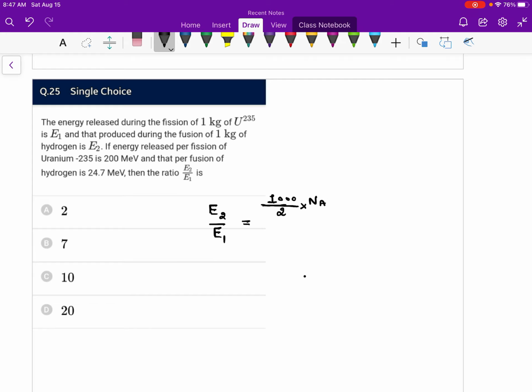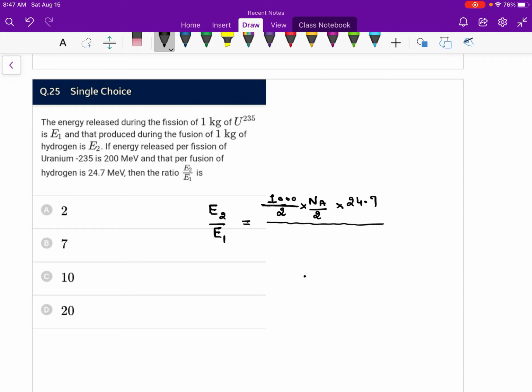For each fusion we require 2 atoms, so divided by 2, and into the energy released per fusion, 24.7 mega eV. So this is the energy released in the fusion of 1 kilogram of hydrogen.